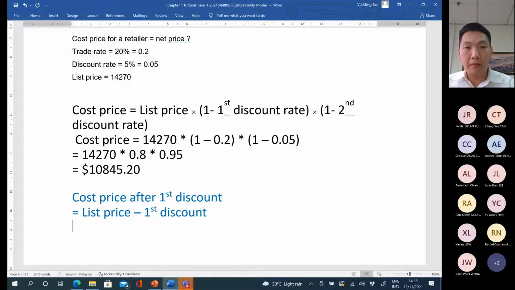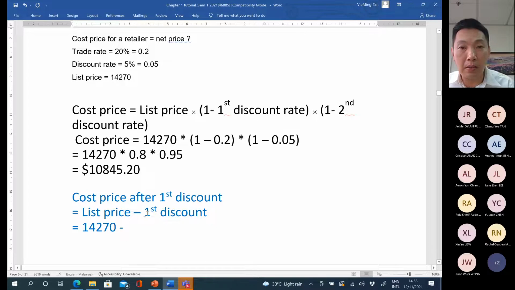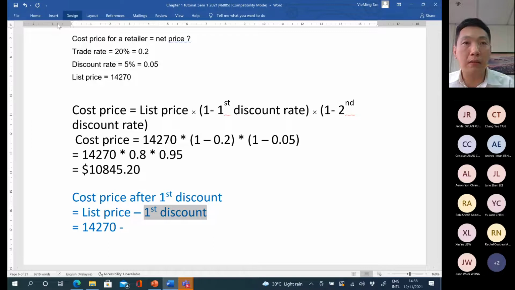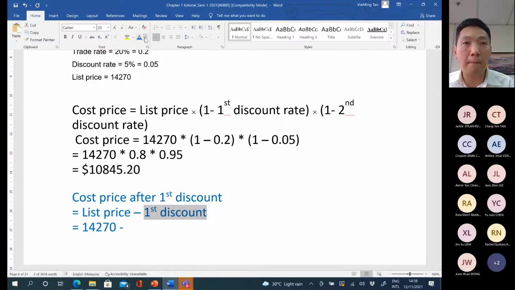Okay. List price just now is 14270. Minus the first discount. Maybe I use a different color so that you can see. Maybe I can use a green color, right? First discount.